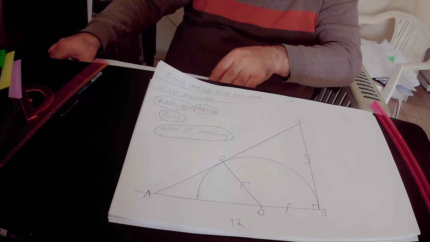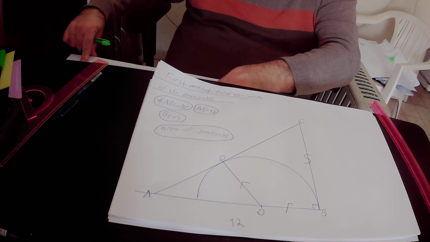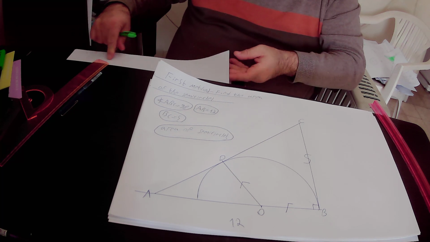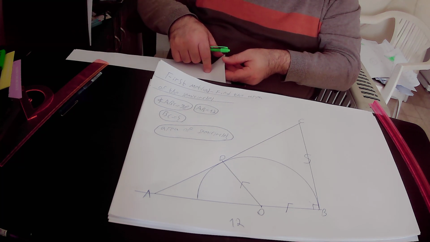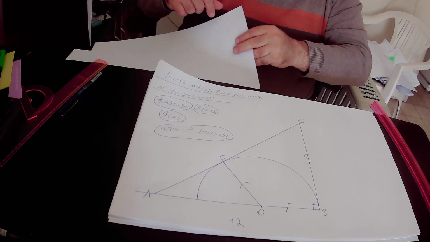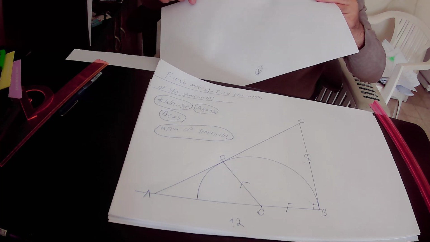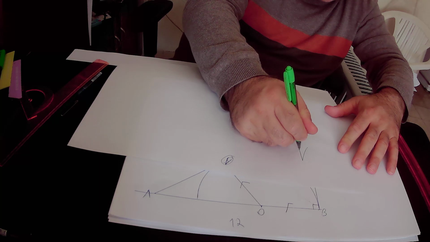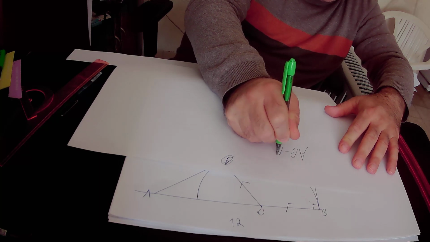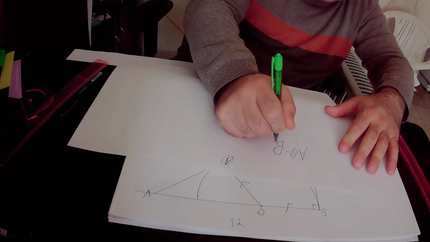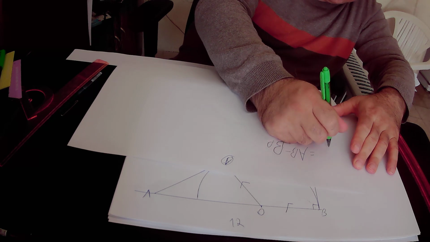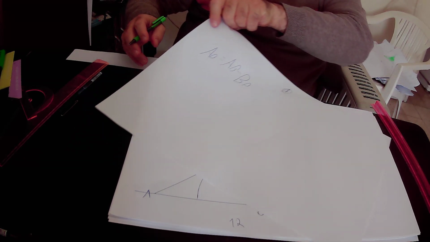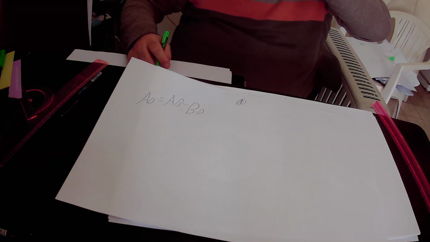I'll write it down. AB minus BO equals AO.